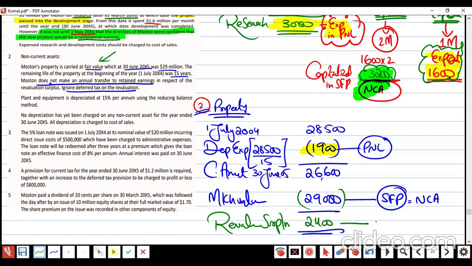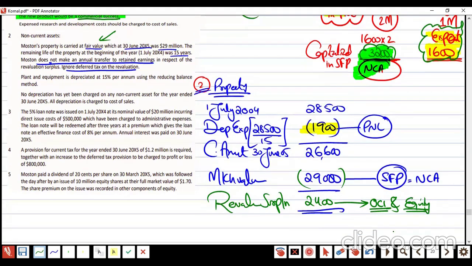And we know this is going to be part of OCI, right or wrong? OCI and equity. In the SFP, the revaluation is going to be added, and in the income statement, after getting the profit after tax, we will take this 2,400 in OCI, right or wrong?